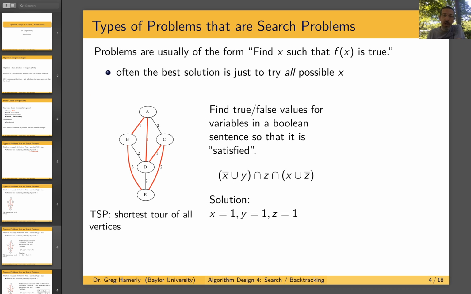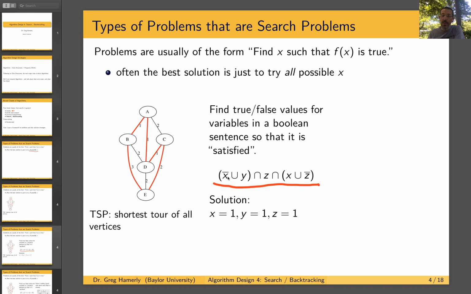Another example of a search problem, or a problem that we might solve with search, is the Boolean satisfiability problem. Given a sentence that looks like this, where x, y, and z are Boolean variables, we get to assign true or false to x, y, and z that makes the whole thing true, if it's possible to do so.